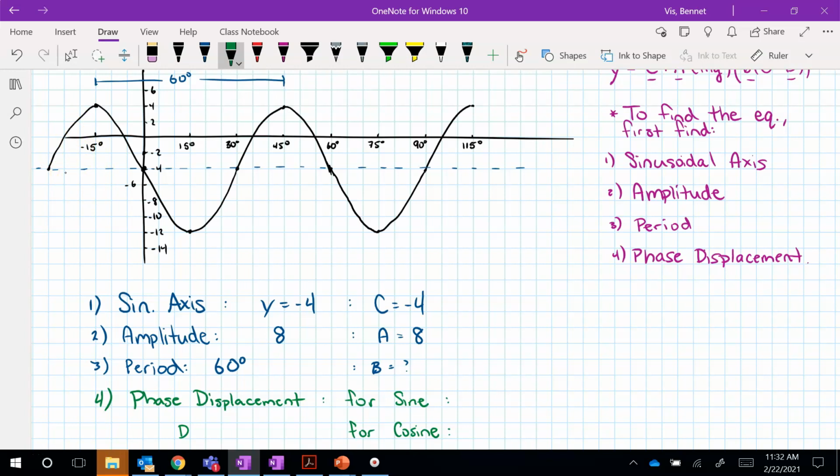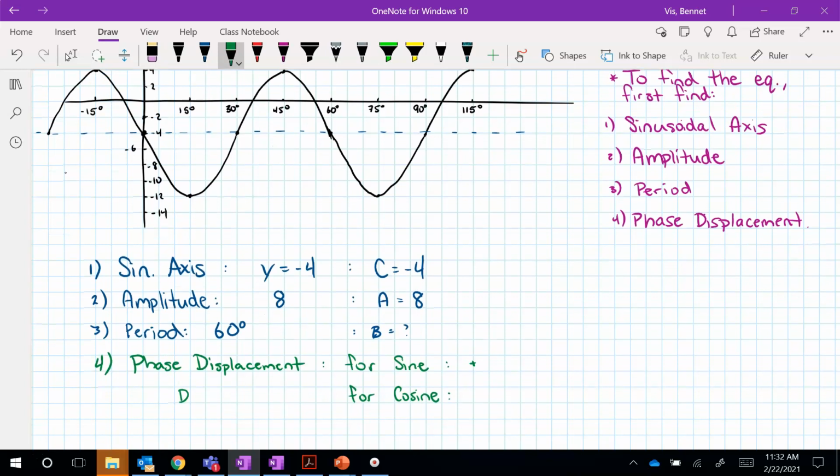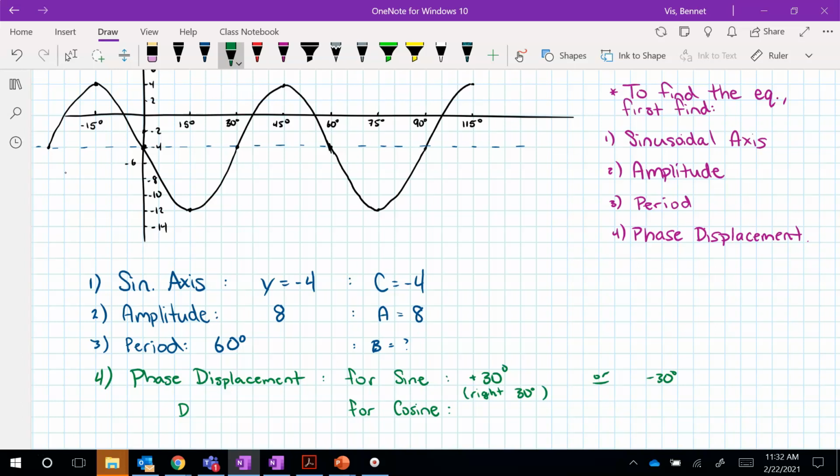I could either shift this thing left 30, or out to the right 30. Either one would work. So I could say I want to shift this thing out positive 30 degrees, that would be going right 30. Or I could move this thing backwards, left 30. Both of those will start my sine function at the middle on the way up.